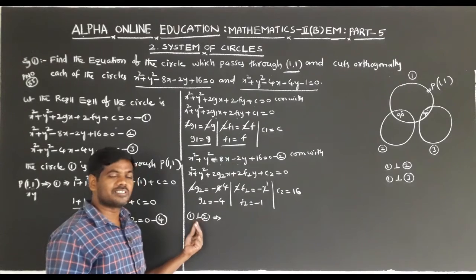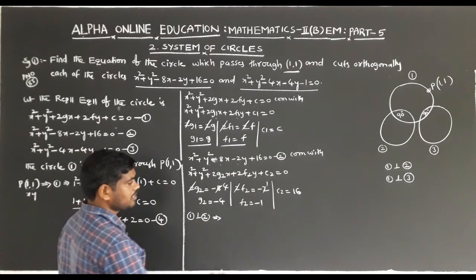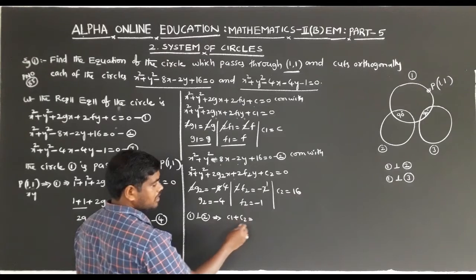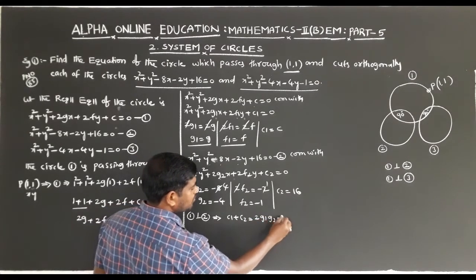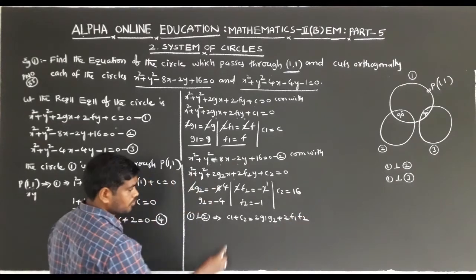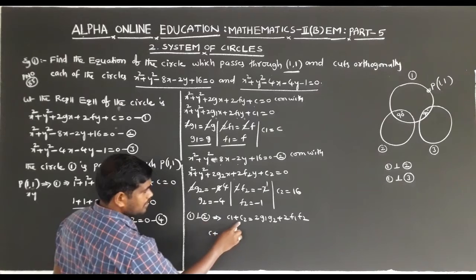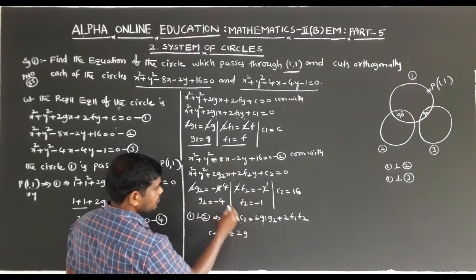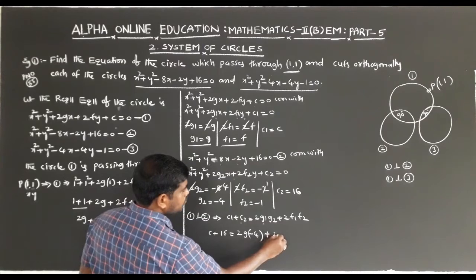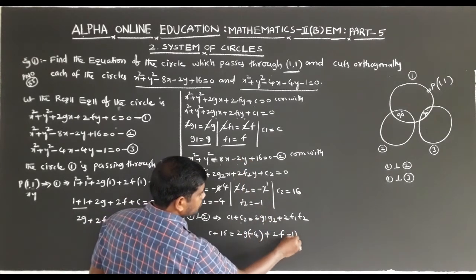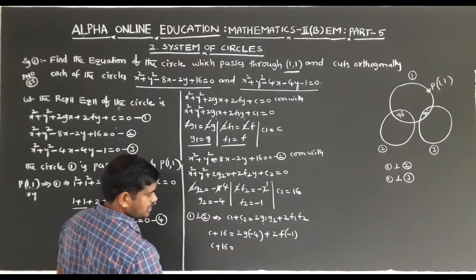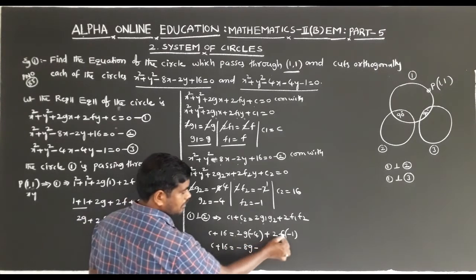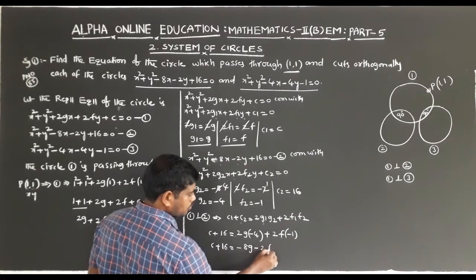The condition for the orthogonality of the two circles is c1 plus c2 is equal to 2g1g2 plus 2f1f2. So c plus 16 is equal to 2g into minus 4 plus 2f into minus 1, that is minus 8g minus 2f.